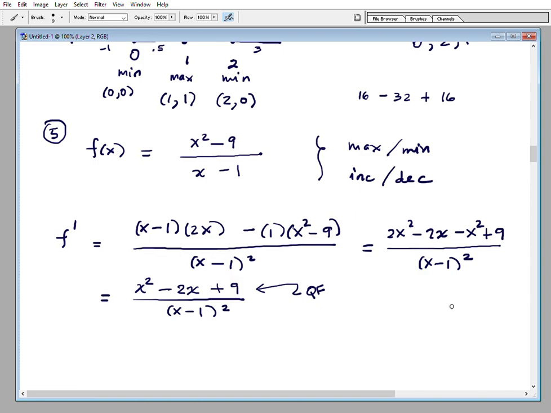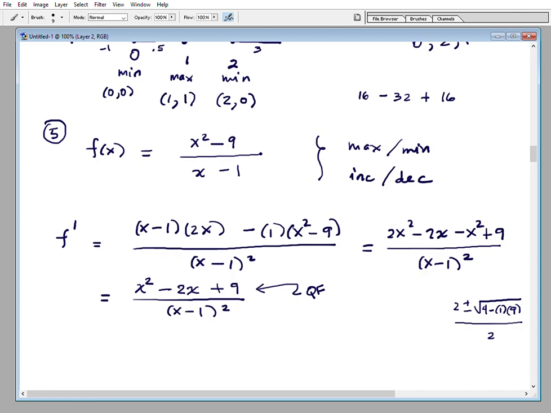Okay, so quadratic formula, we have negative b, so we have 2 plus or minus square root b squared, that's 4, minus 4ac, that's 1 times 9, over 2a. All right, so in this example, notice this is negative. 4 minus 9 is negative. Let me just make sure of that because that's important. b squared minus 4ac, that's 4 minus 4ac. I left the 4 out.